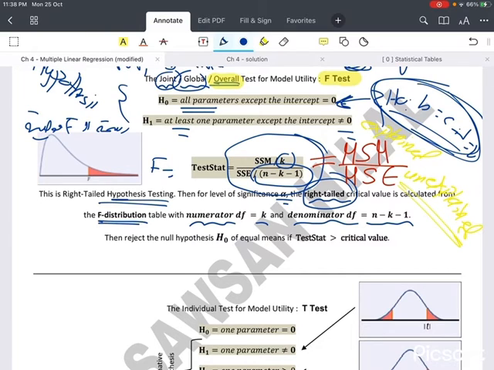The degrees of freedom in the numerator we call nu 1, and the degrees of freedom in the denominator we call nu 2. The one in the numerator will be only k, which is the number of independent variables, but the denominator, nu 2, will be n minus k minus 1.